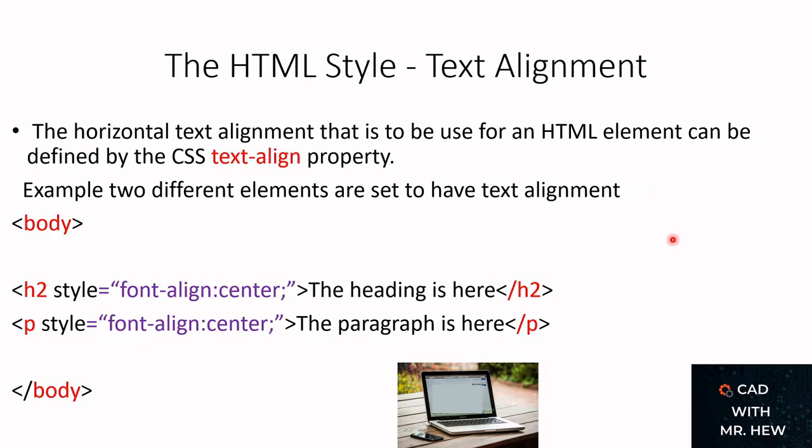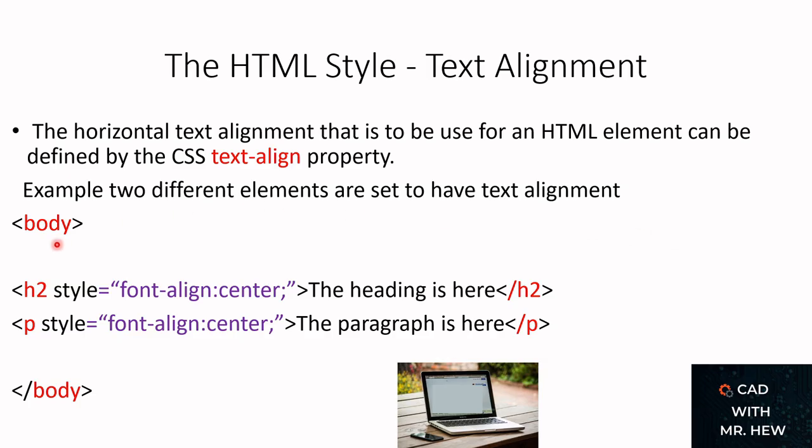we are now looking at the HTML style text alignment. The horizontal text alignment that is to be used for an HTML element can be defined by the CSS text-align property. Here we have an example of two different elements that are said to have text alignment.